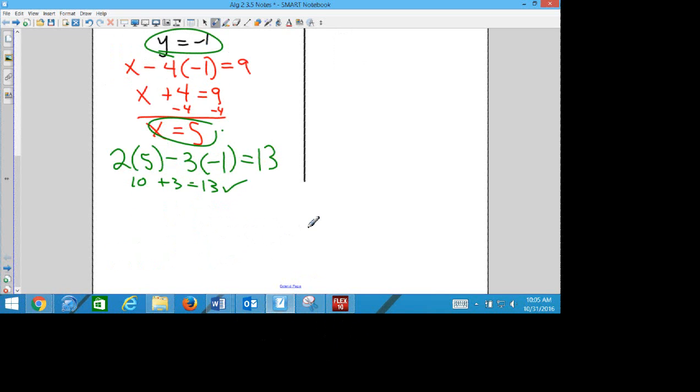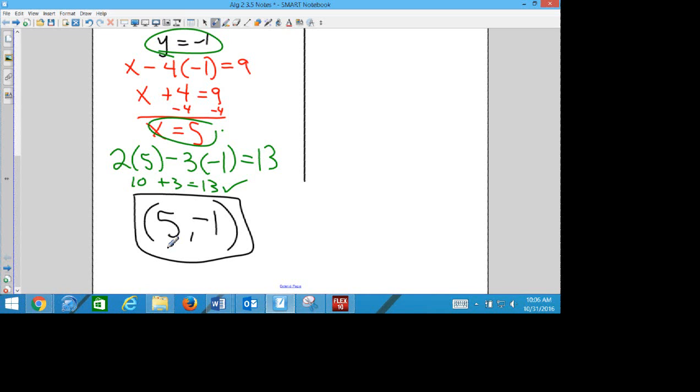Have I done it correctly? Yes. So my answer is the ordered pair, (5, -1). Notice how I have parentheses, because it is an ordered pair, not two separate x's, but an x and a y, so put it in parentheses, an ordered pair.